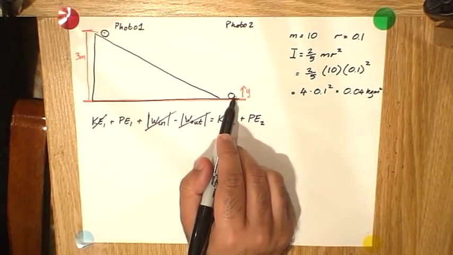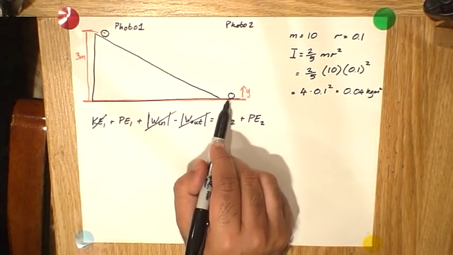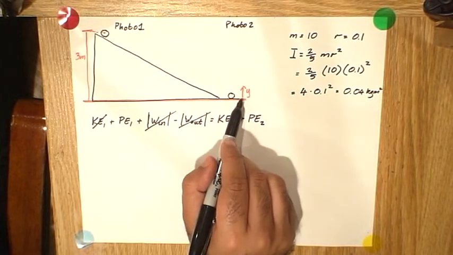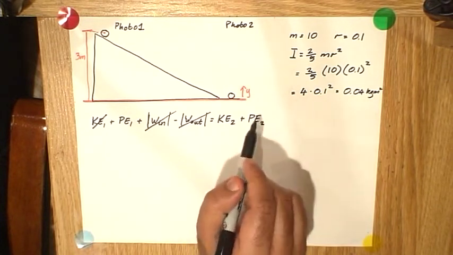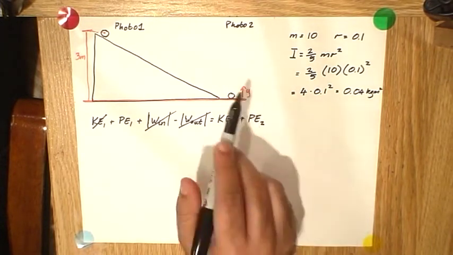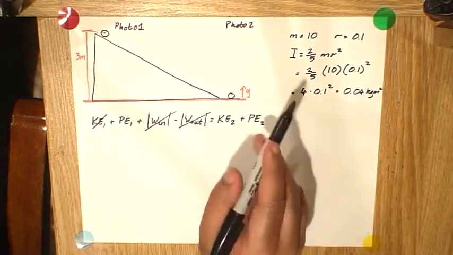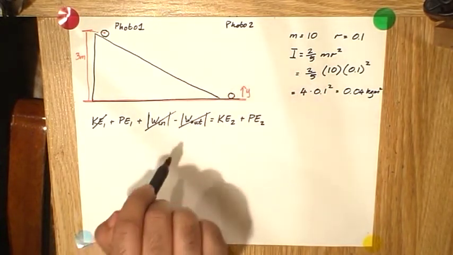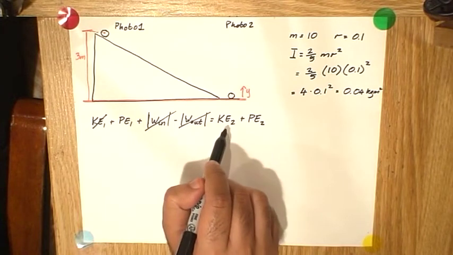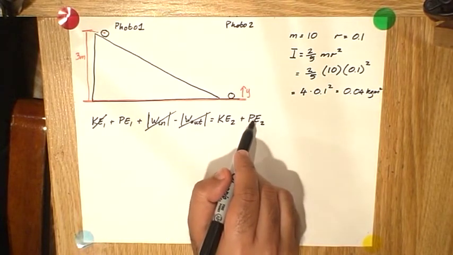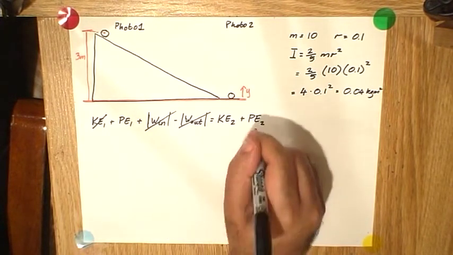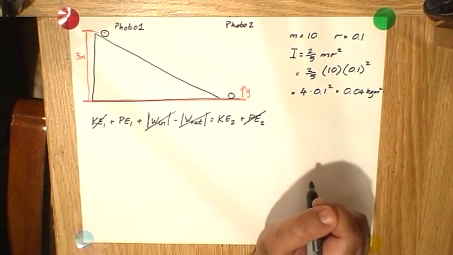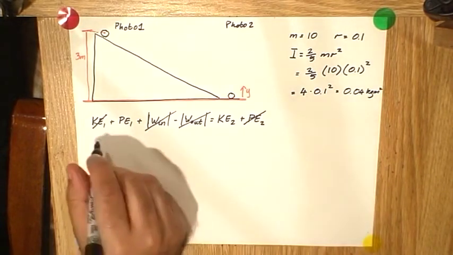KE2, the ball is definitely moving when it reaches the bottom of the ramp. And more importantly, it's rolling. Rolling means it is both moving linearly and rotationally. So we're going to need both of those terms when we expand this out. But the potential energy, there is no potential energy, so we can eliminate that term.